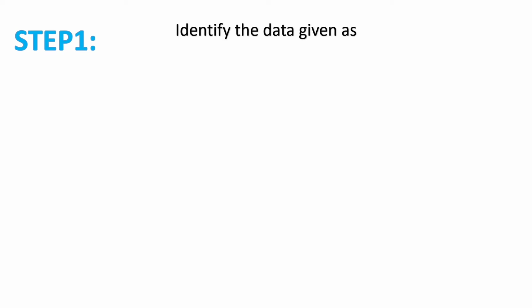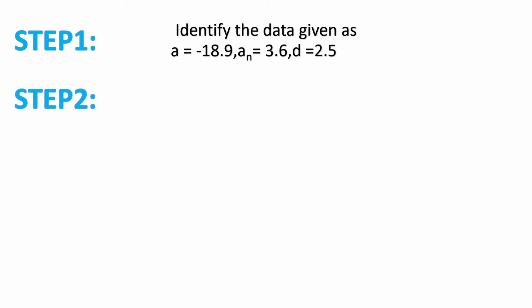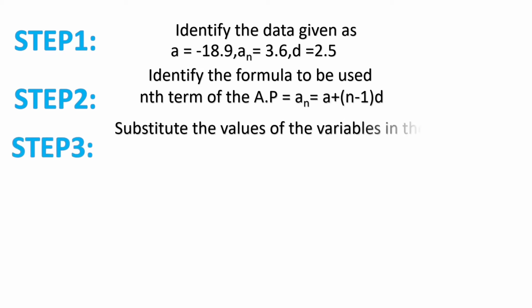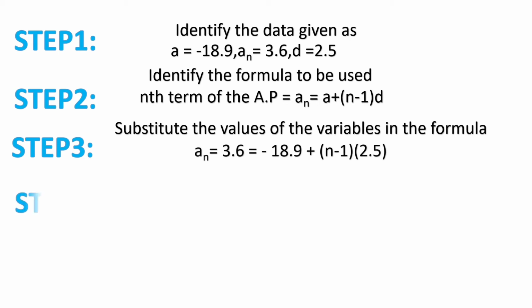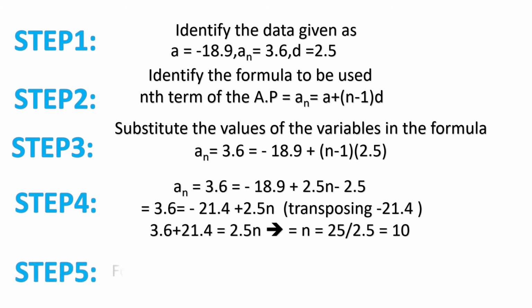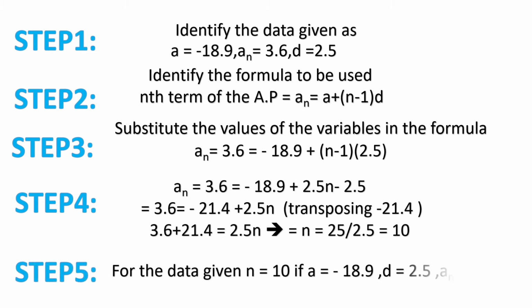Now coming on to the next one, we have A as minus 18.9, AN as 3.6 and common difference as 2.5. And the second step, write the formula, and in the third step you have to substitute the values of the variables that are given in the formula so that you get the required value, that is the value of n.